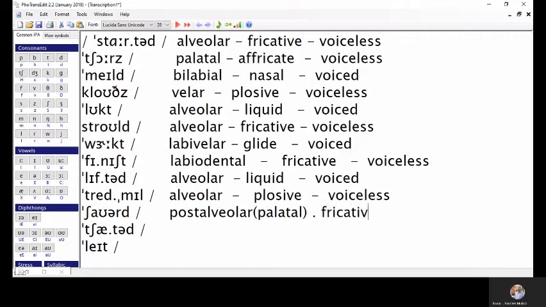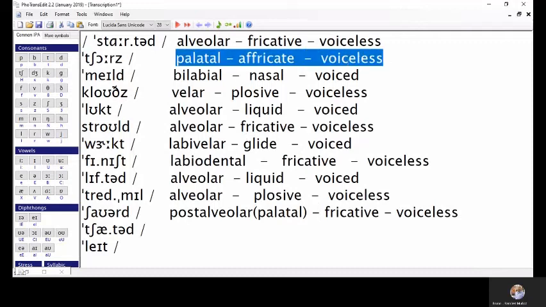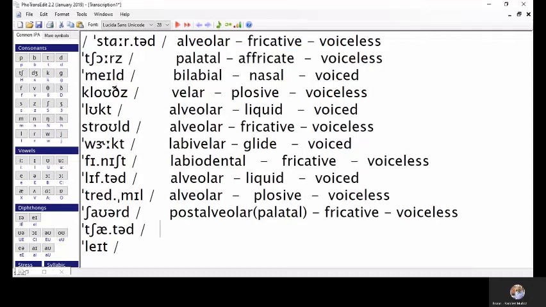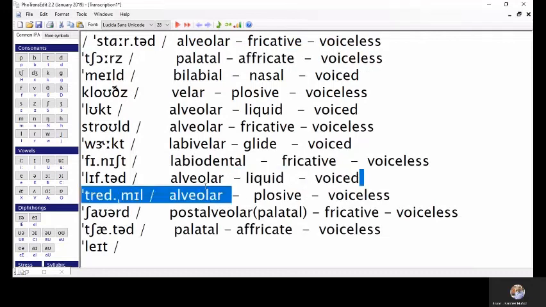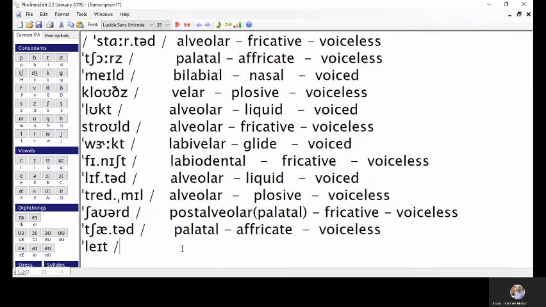It's a fricative sound and it's voiceless. In the next one, the verb chatted was already described when we described chores. And finally, the word late was already described when we described looked.